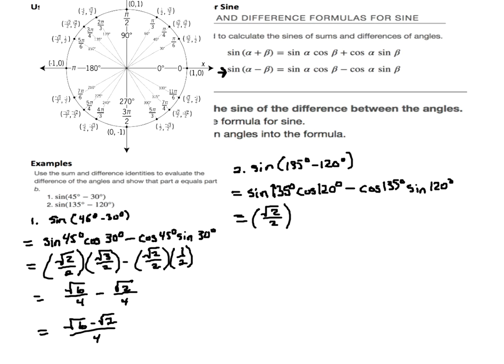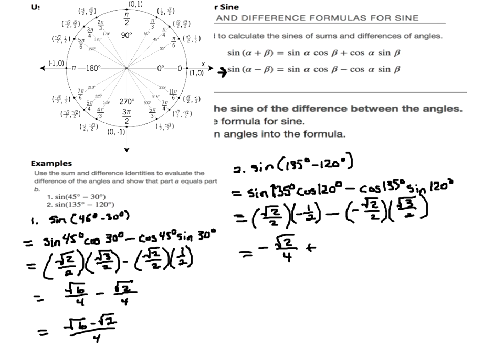The cosine of 120 degrees is negative 1/2. And that's subtracted by the cosine of 135 degrees, which is negative square root 2 over 2. And the sine of 120 degrees is square root 3 over 2. Okay, so this is negative square root 2 over 4.